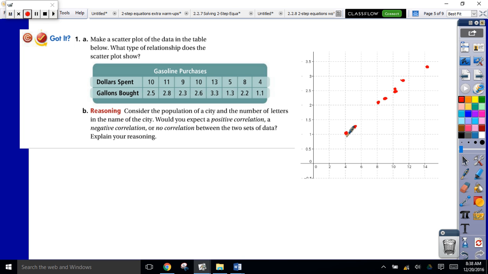Okay, so what kind of relationship does the scatter plot show? Liz? Positive correlation. So what could you say to describe it, Liz? Well, actually, our dollars spent are along here.